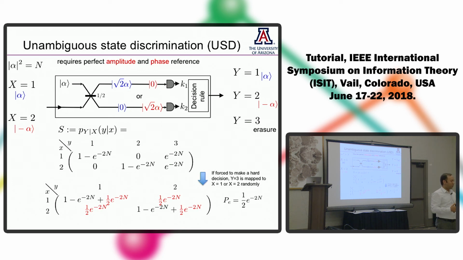If I gave you m pure states and asked you to write down the best possible USD measurement, meaning the one that minimizes the probability that you will get that erasure outcome, there is a very specific way of writing that, and it comes out in terms of the maximum eigenvalue of the Gram matrix, which is the matrix of pairwise inner products of these states. Okay, I'm not going to show that here, but just to set terminologies, receivers like this we are going to refer to as USD, or unambiguous state discrimination.